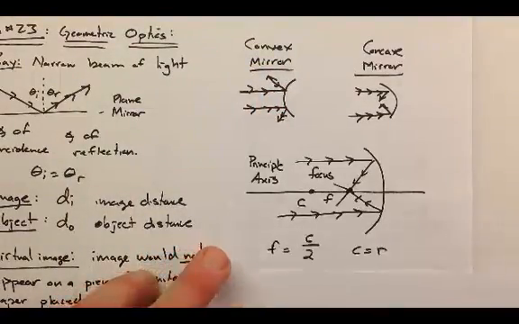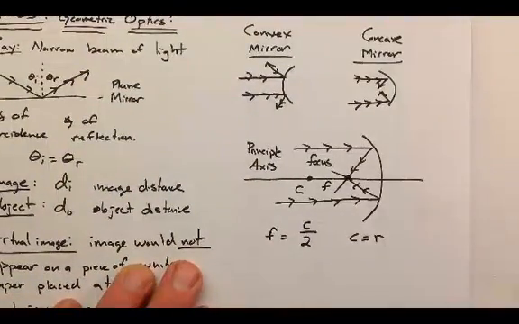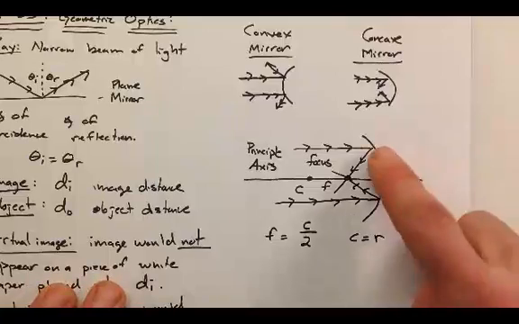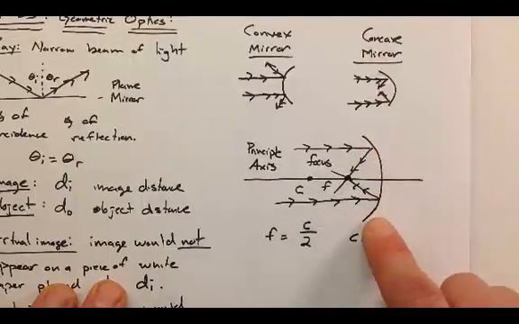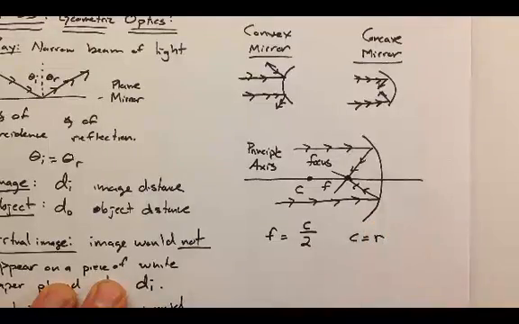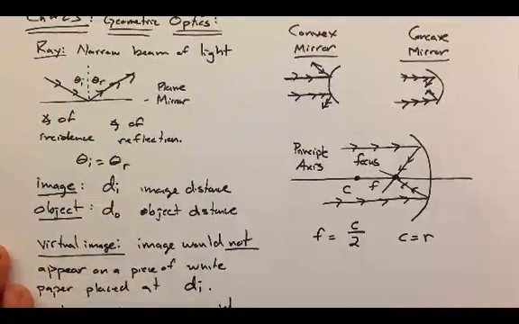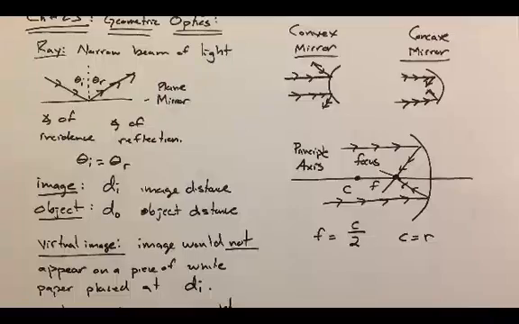Now, here is what we call a ray diagram. Okay, so I have a mirror here. In this case, this is a concave mirror, and images look different in concave mirrors. If you've ever been to like a fun house or house of mirrors, you know that you look different in concave or convex mirrors.